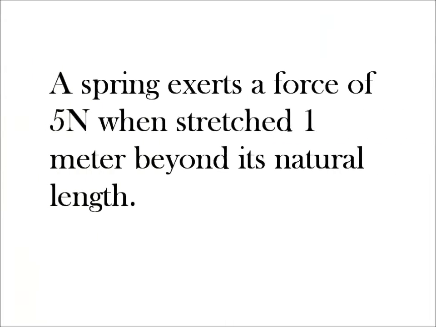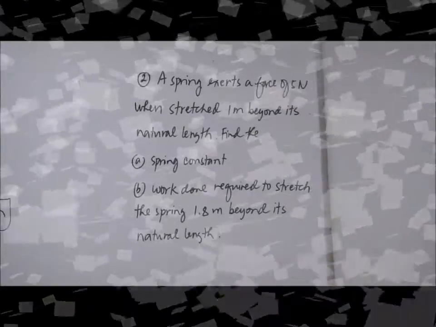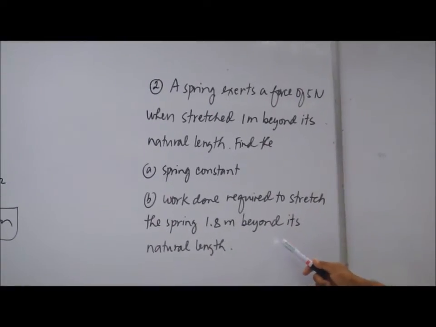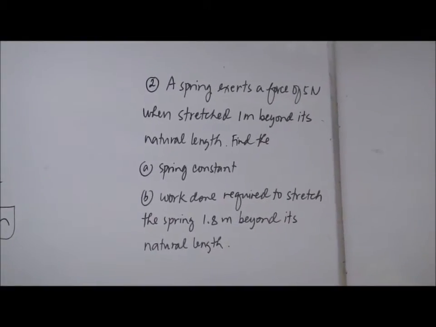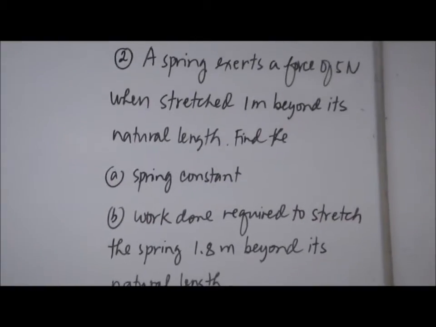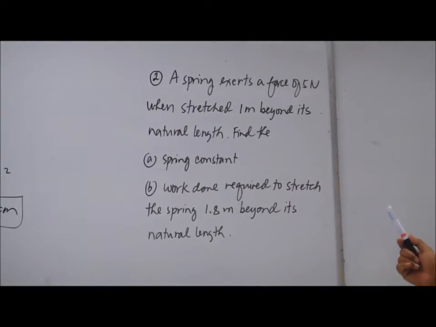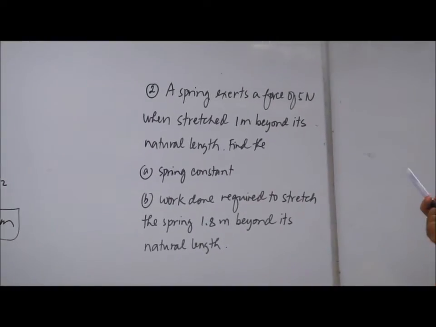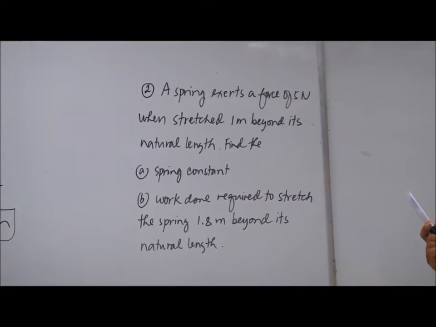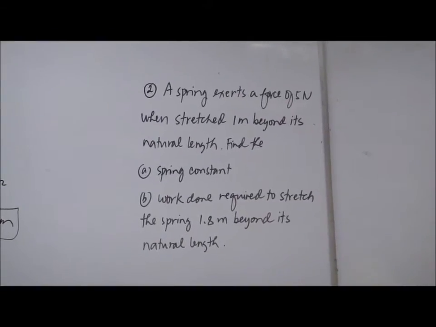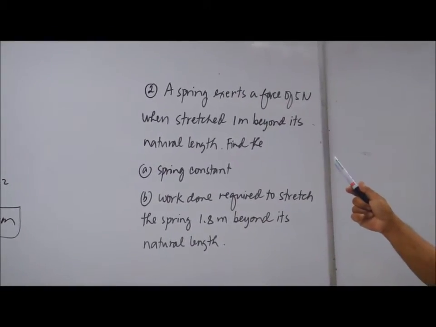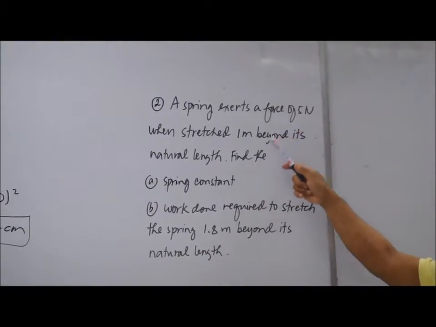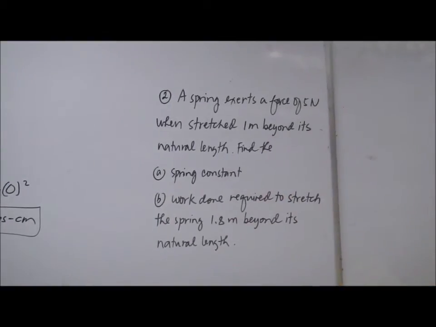Find the spring constant. And then find the work done required to stretch the spring 1.8 meters beyond its natural length. So question: do we have the natural length given in this example? We don't have the natural length, right? So what about this 1 meter here? This 1 meter is the displacement. Based on the problem, it says a spring exerts a force of 5 newtons when stretched 1 meter beyond its natural length.